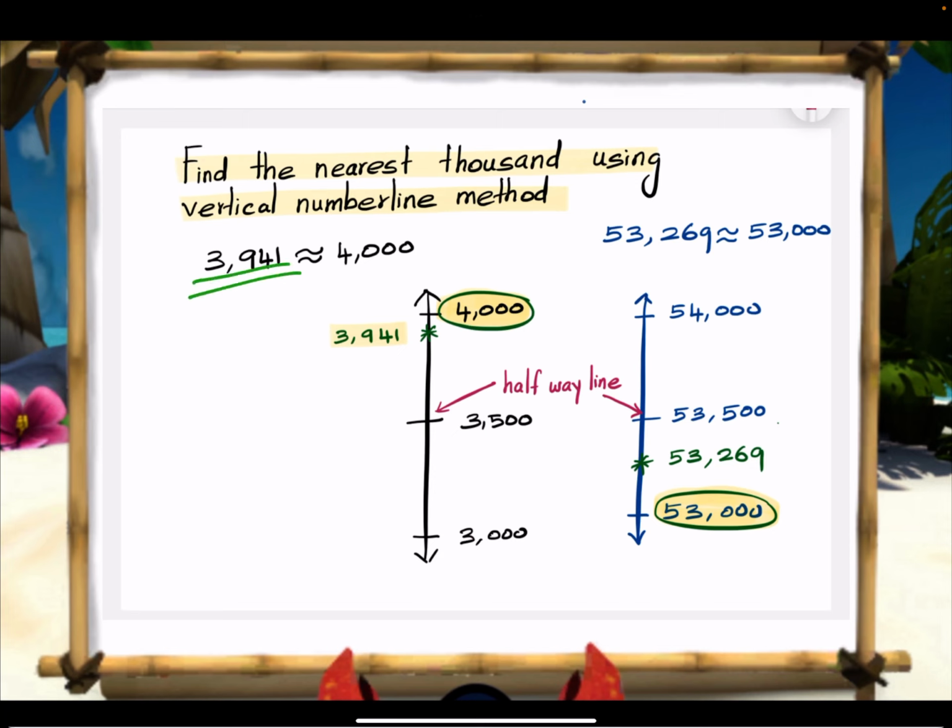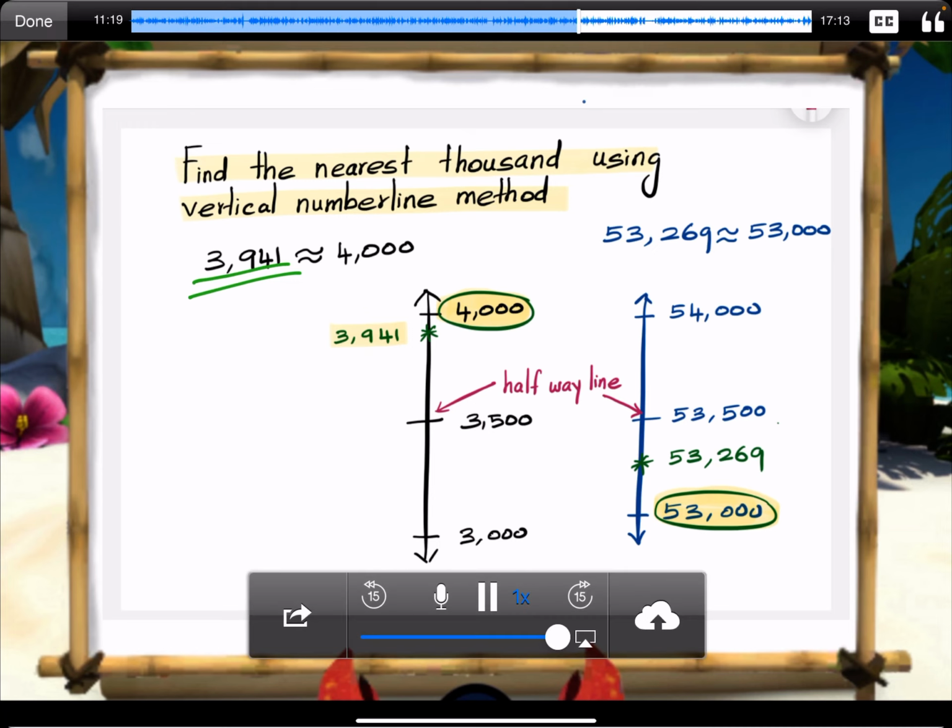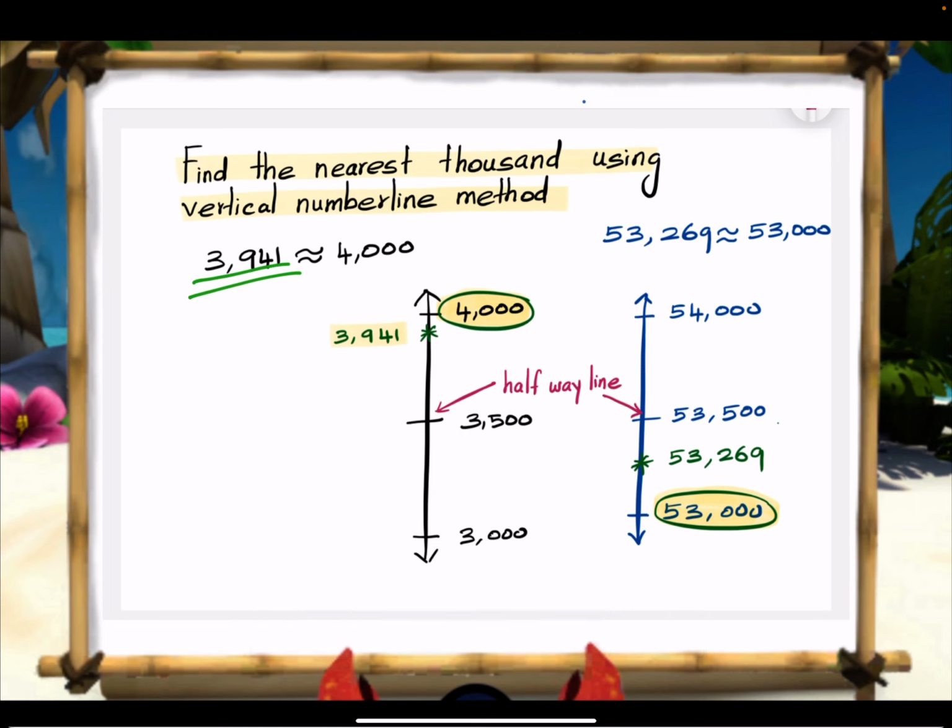Okay, so we are going to find whether this number is closest to 3,000 or whether this number is closest to 4,000. So for that, I have drawn a vertical number line marking the two endpoints 3,000 and 4,000. And the middle value is 3,500.